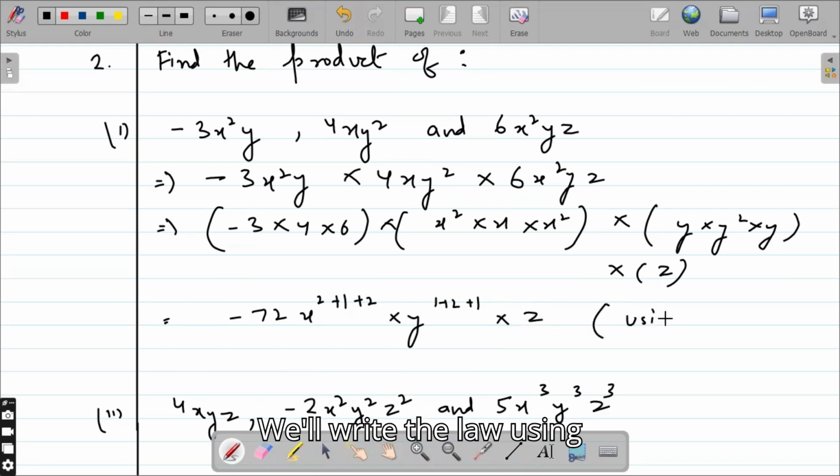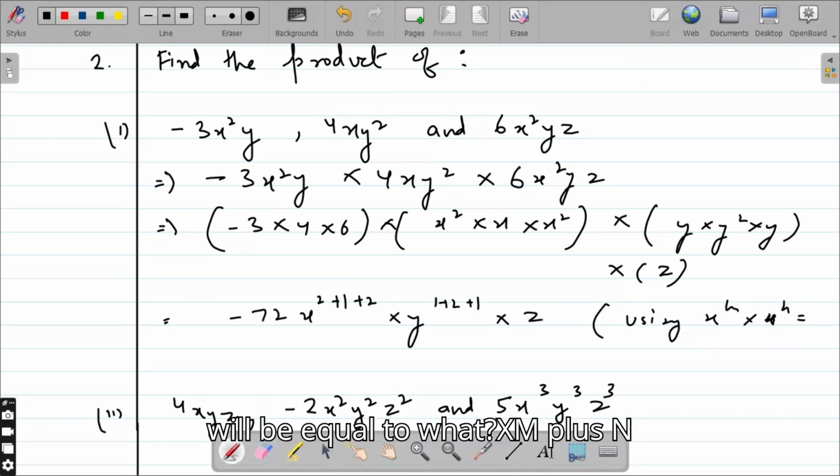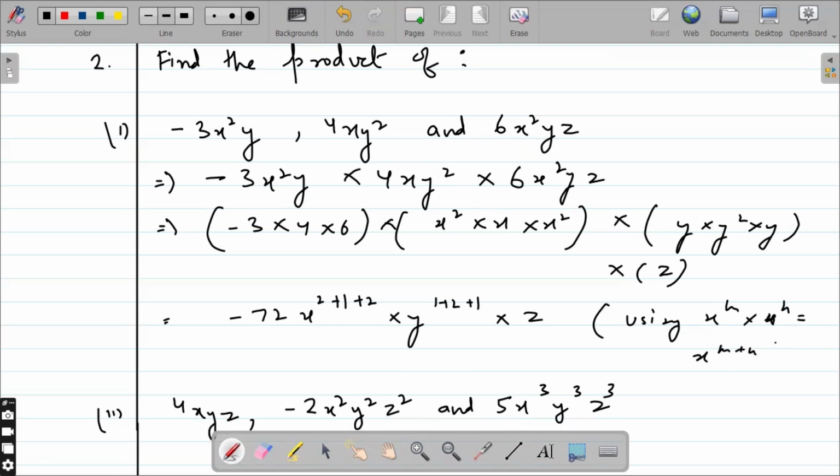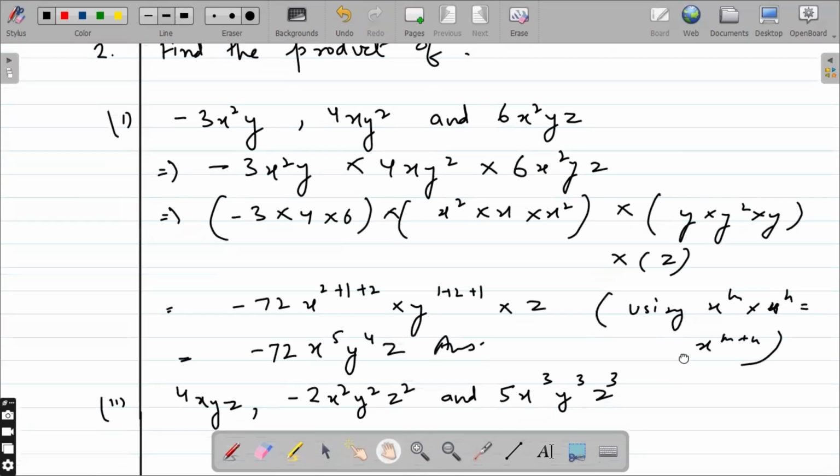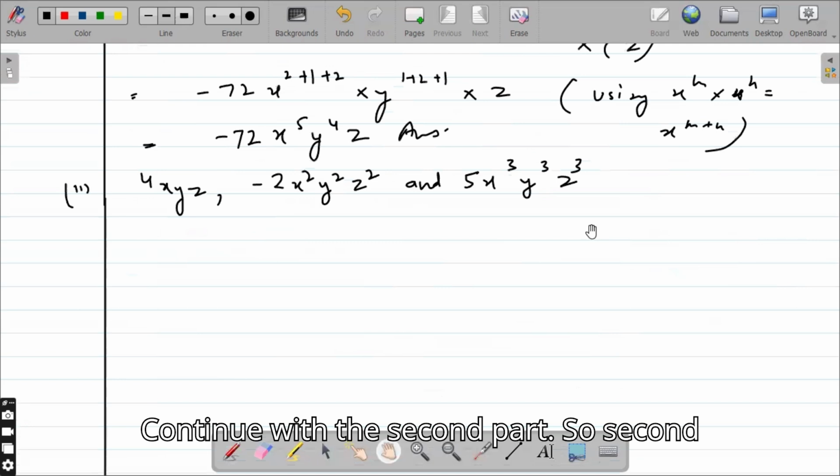We'll write the law x m into x n will be equal to what? x m plus n. So our answer will become minus 72 x 5 y 4 z. This is our answer.